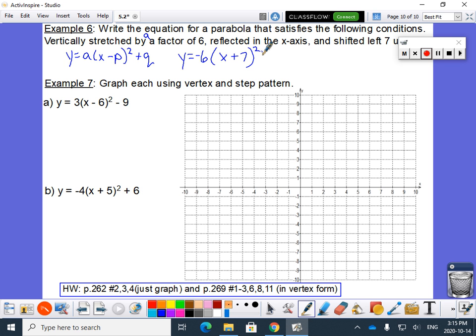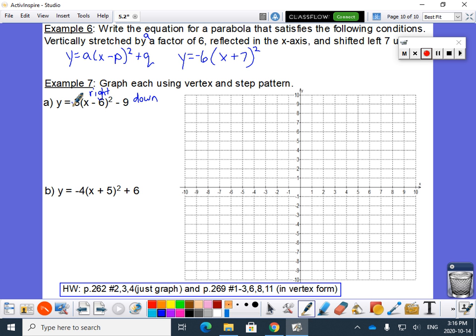Okay. Example 4, graph each using vertex and step pattern. So y equals 3, x minus 6 squared minus 9. So let's just do a quick review. If it's x minus 6, that means that we're moving to the right 6. And if it's subtract 9, then we're moving down. Okay?